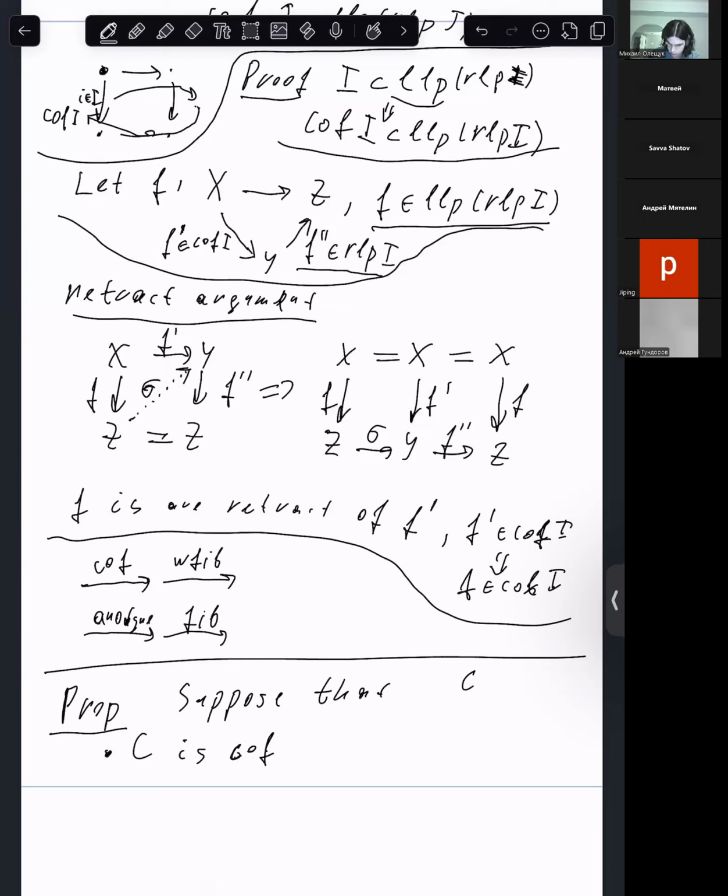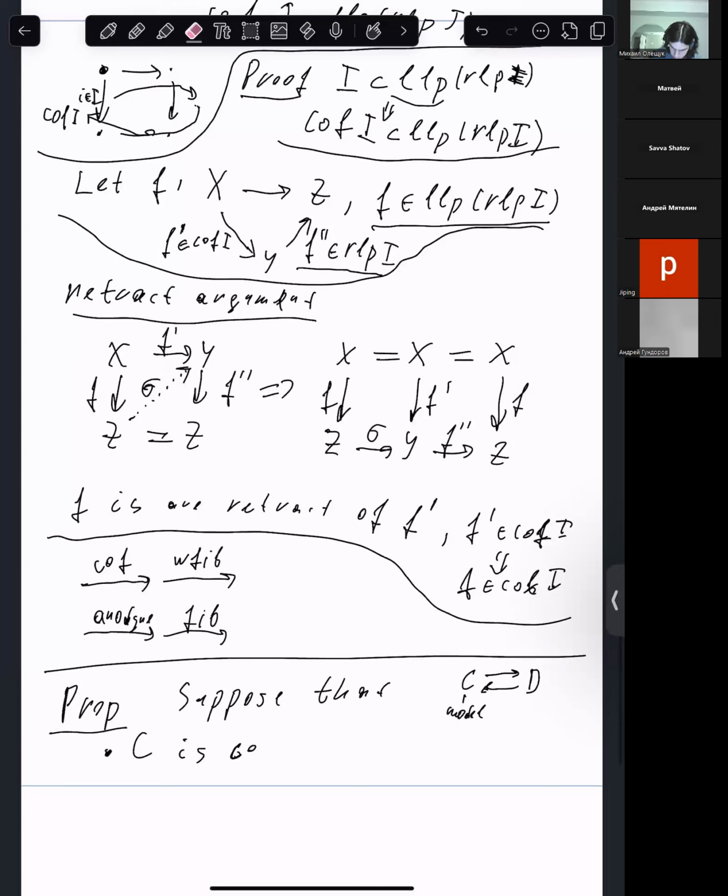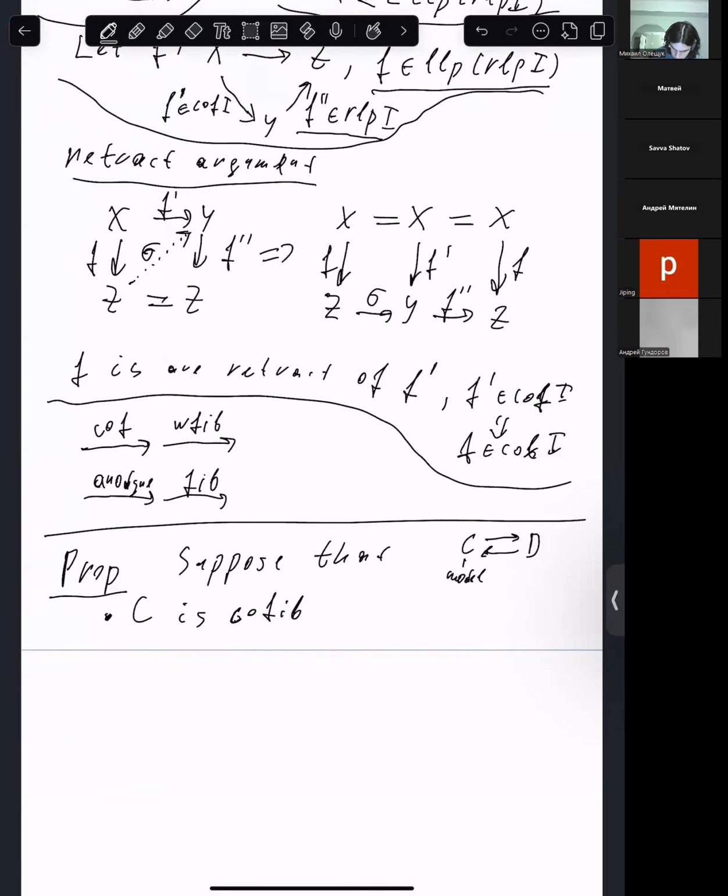Recall that C is a category from which we're transferring a model structure to D. Suppose that C is cofibrantly generated, and F preserves small objects.